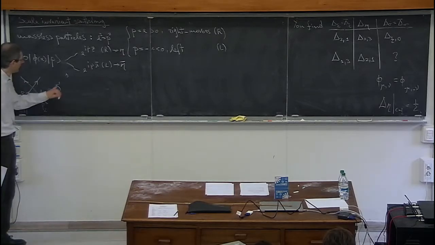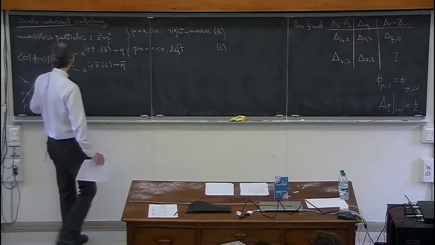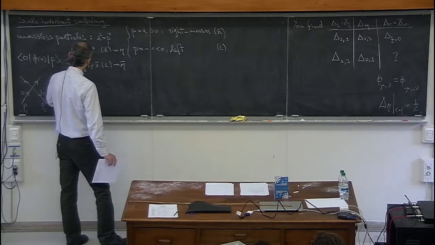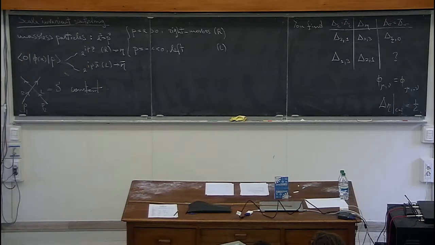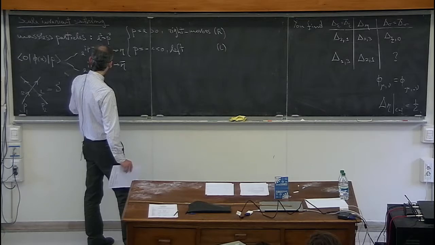So this means that I cannot build any dimensionless quantity in this scale invariant theory which has a dependence on S. So S is a constant. It doesn't depend on the momenta, P1 and P2. And in this case, without the indices, unitarity tells me that this will be a phase.